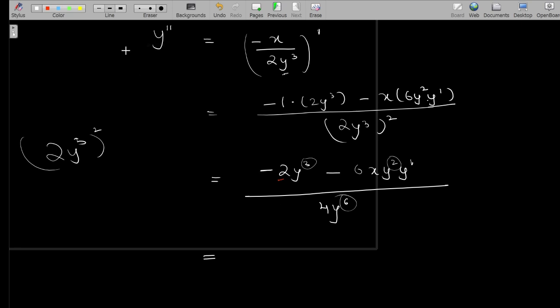So we can also divide by y square. So negative y minus 3xy y cubed.